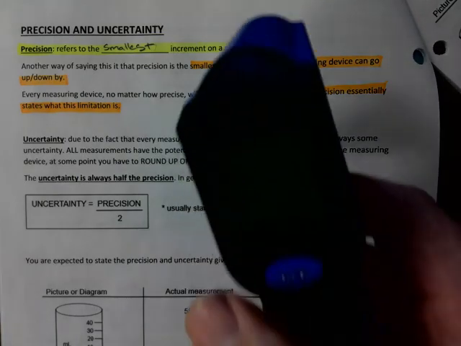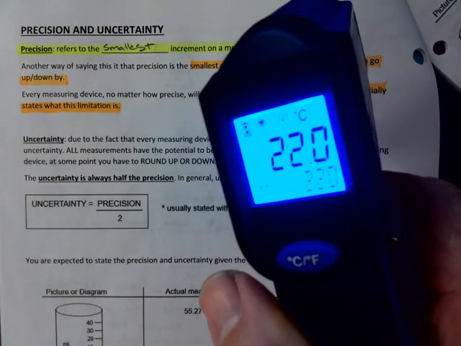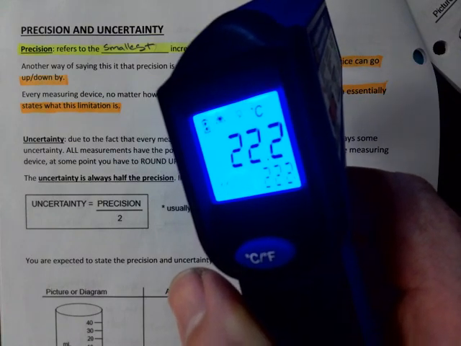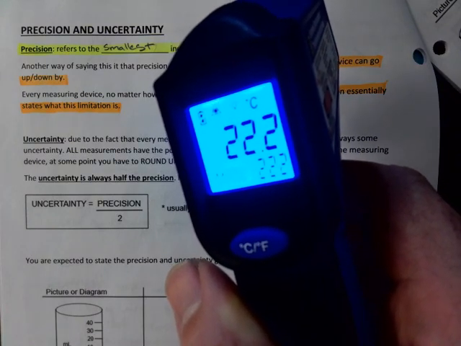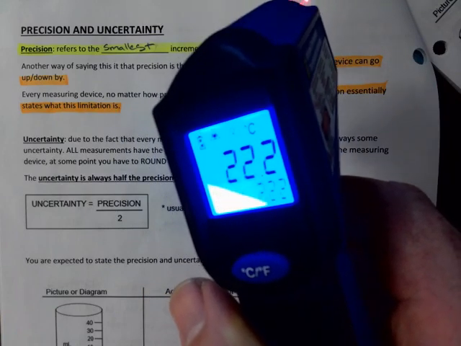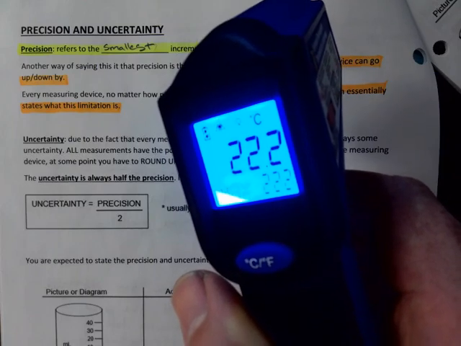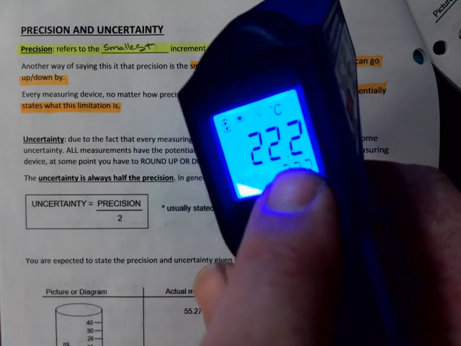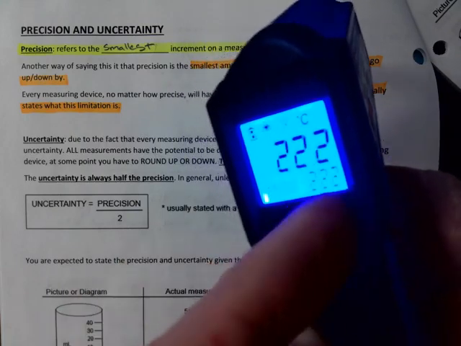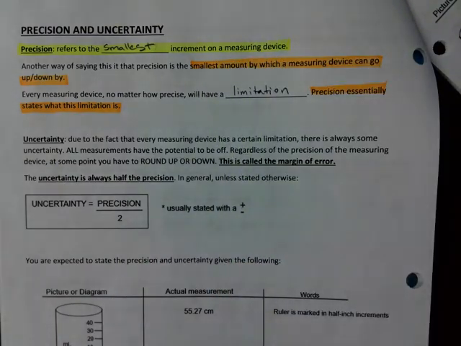For example, let's go back to this. Can you see that? It says 22.2. Is it possible that it's 22.3 in here? Is it possible that it's 22.25? It is possible. But this thing cannot give me more than just one decimal place. It's limited to that. So that's what I'm talking about here.